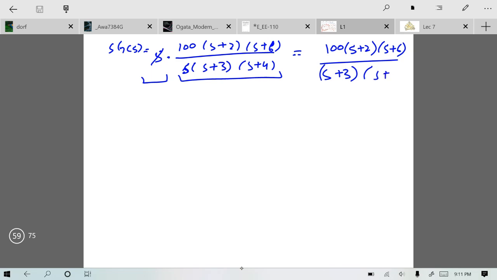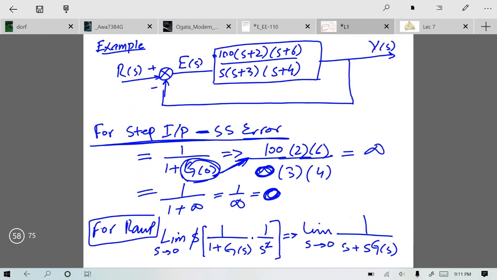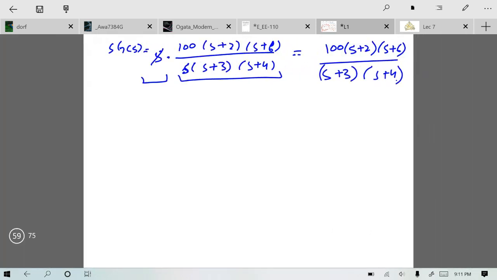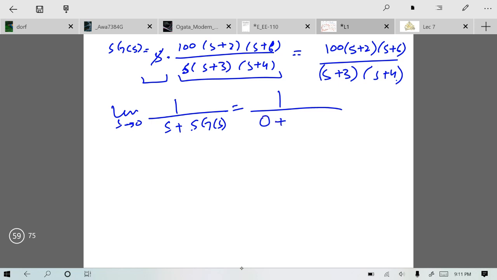So how to find the steady state error? The limit as s approaches 0 of 1 over s plus sG of s. Put s equal to 0 in this sG of s.